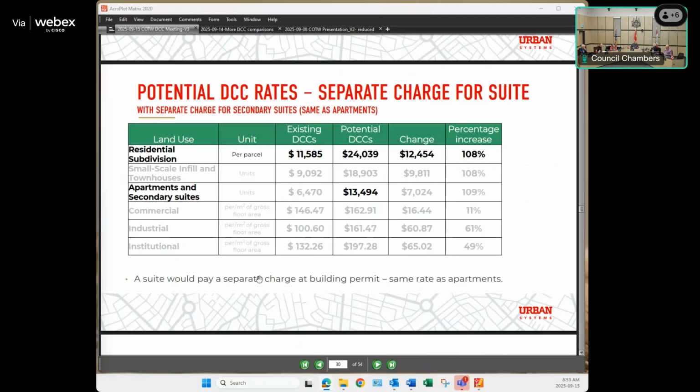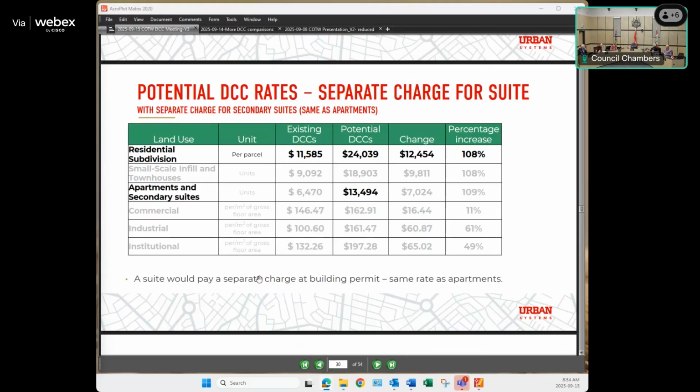Part of the issue with secondary suites, I think, is that it's fine if you're having a relative come in, but as soon as you open the door to other people, one of the disincentives is what I've heard described as the nightmare of having renters. That's the reality of it.